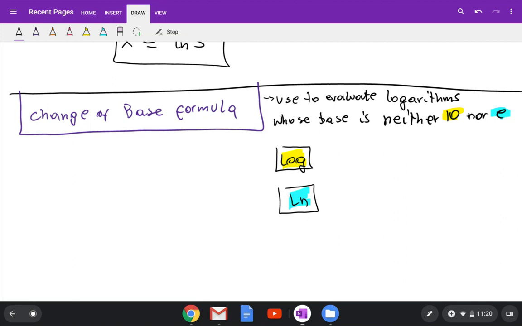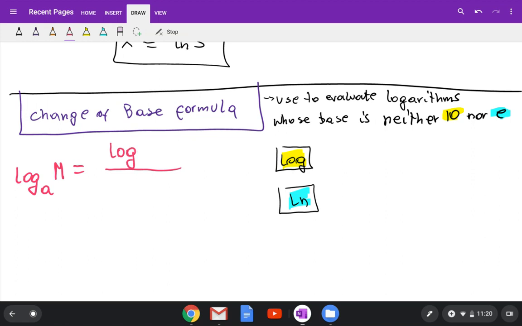So the main formula is this. Log of base a of m is the same as a quotient of log, and let's say you need a new base.